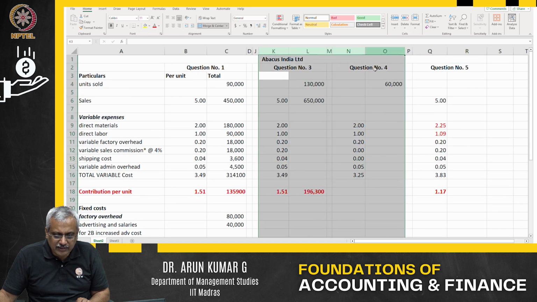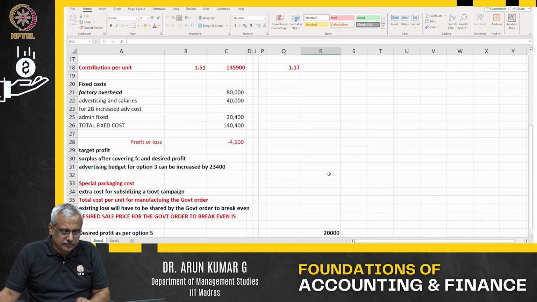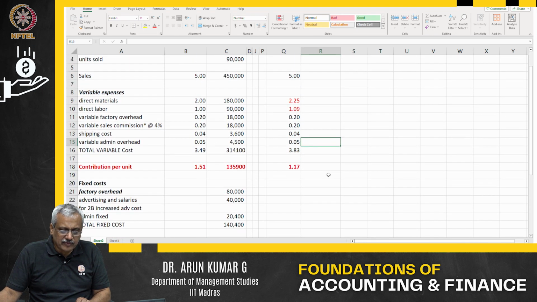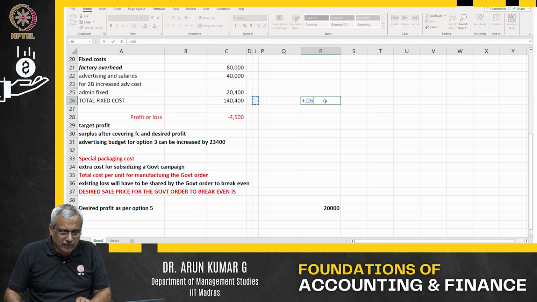I am just going to hide these so that it becomes easier for me to write. As per option 5, 20,000 is the desired profit. Now, what is the fixed cost? My fixed cost is the same 140,400 here.